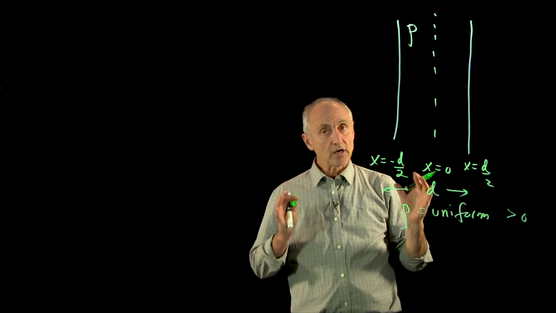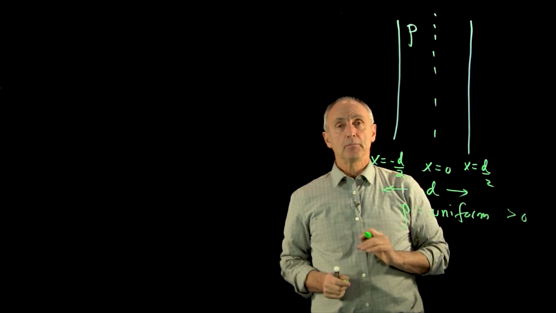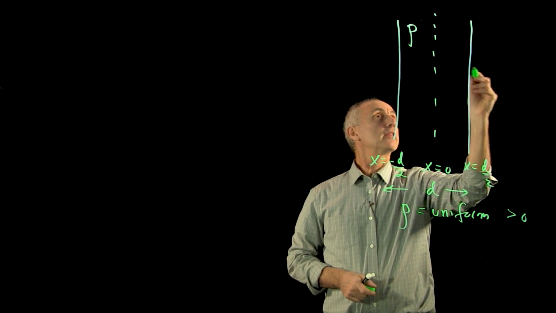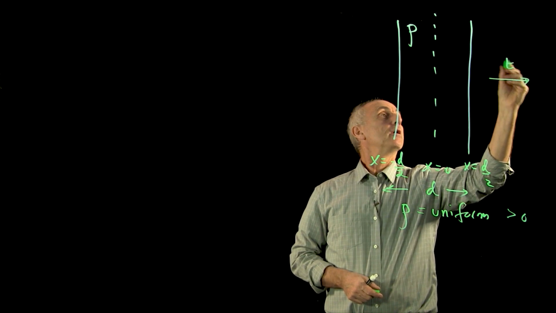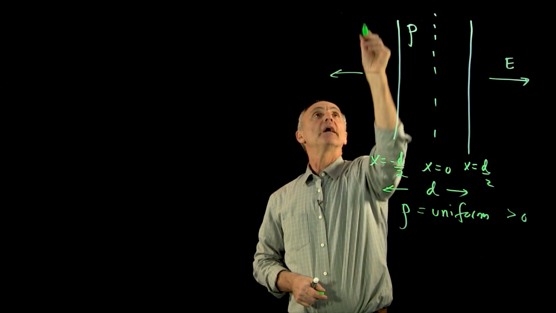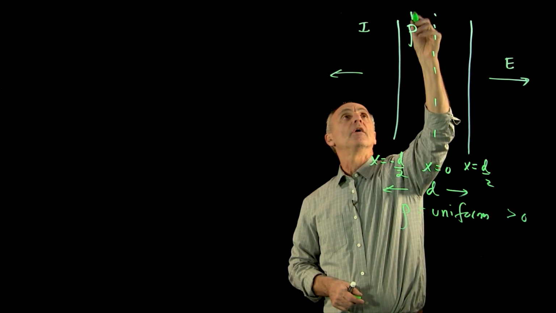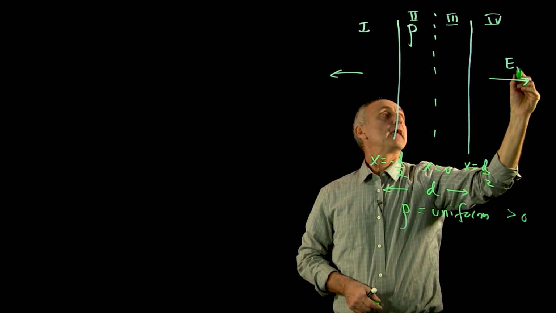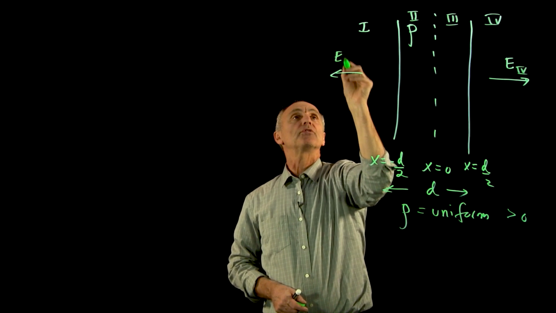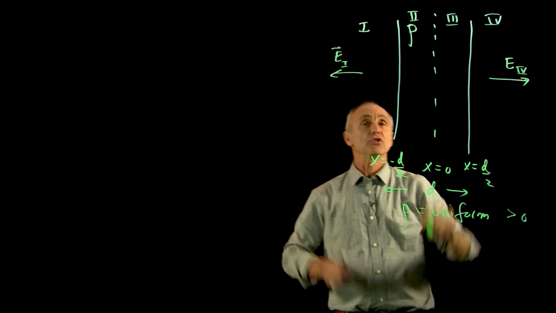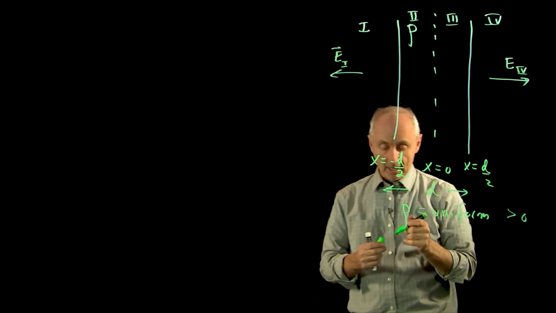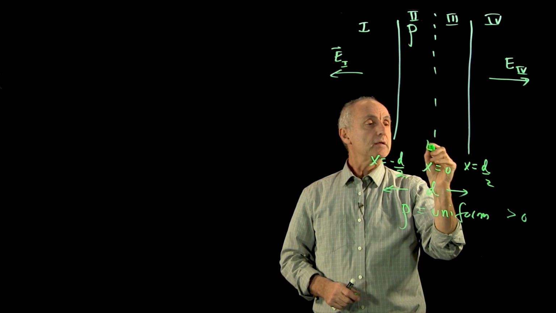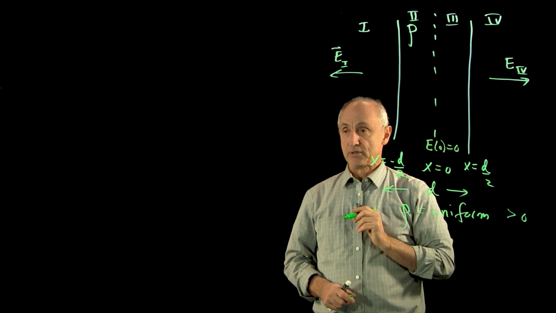Now, because a slab has the same planar symmetry as a sheet, we know that the electric field will point away from the slab, and we actually have 4 regions here. 1, 2, 3, 4. And on the outside, I'll just put E outside with the region denoted. The field should point away. Now inside, it's interesting that we know at the center, the field has to be 0.